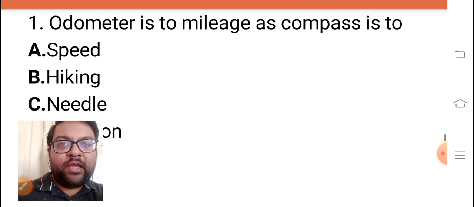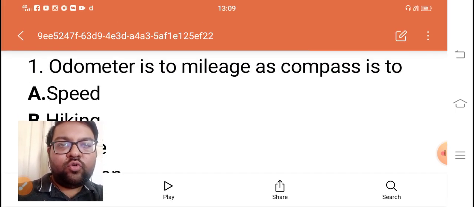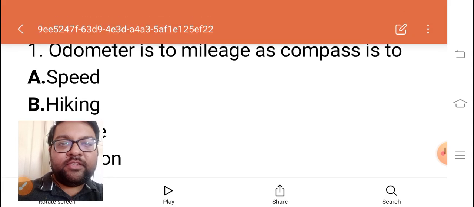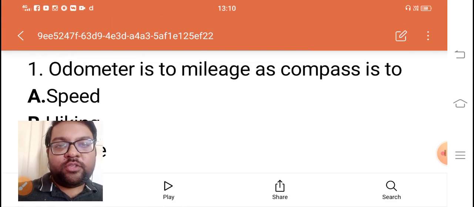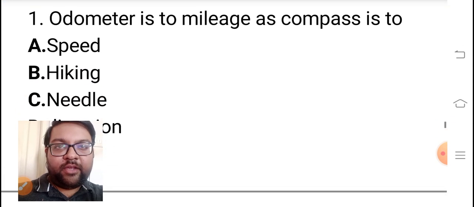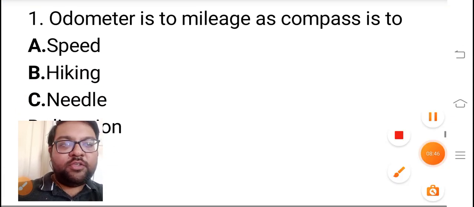The correct answer is direction. In the question it's given odometer. Why do we need an odometer? To measure mileage. So a compass is to know the direction. It's a small analogy question for you.